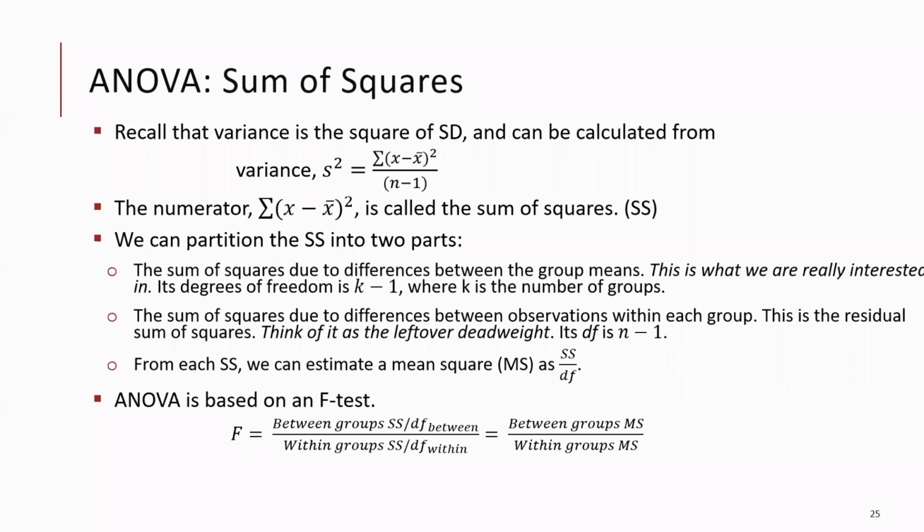We're not going to really delve into that here. One other important thing to point out is that the ANOVA is based on the F-test statistic, which we saw in the last slide.